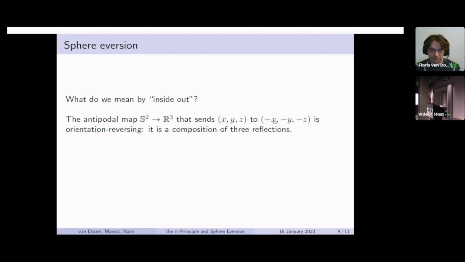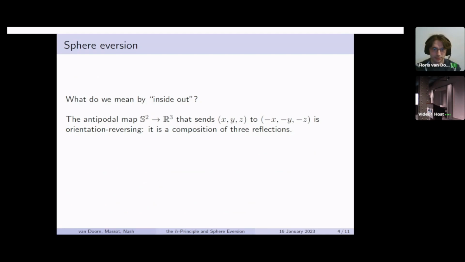And so you can think of this as reflecting the sphere three times, once along the x-axis, once along the y-axis, and once along the z-axis. And every time you reflect, you reverse this orientation. So this antipodal map is a composition of three reflections. So that means that we reverse the orientation.